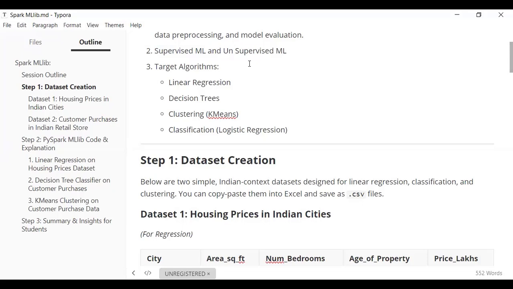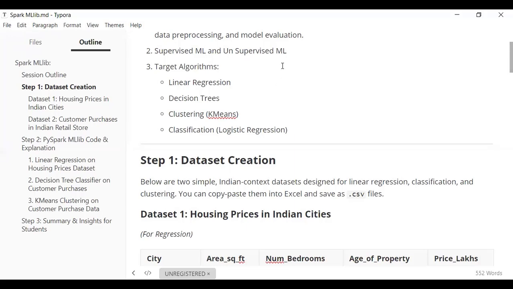Take a simple formula: you know the input and you know the output, from earlier data. Now we are questioning by giving input, what is the output we are getting? That is called supervised machine learning. Under supervised machine learning, we have algorithms like classification and regression, especially linear regression.